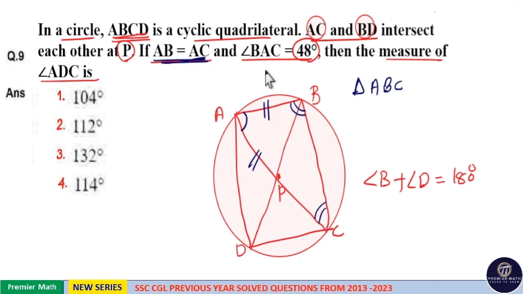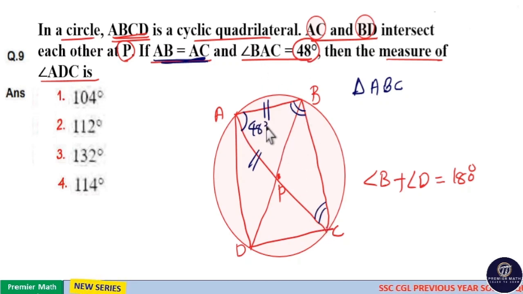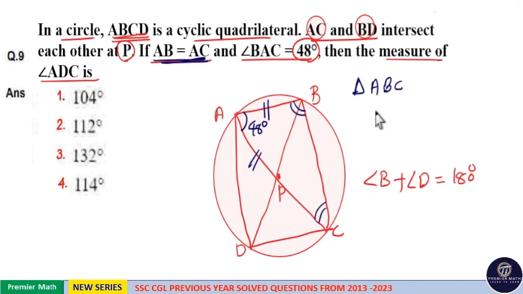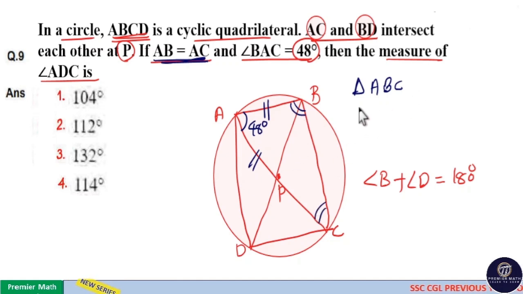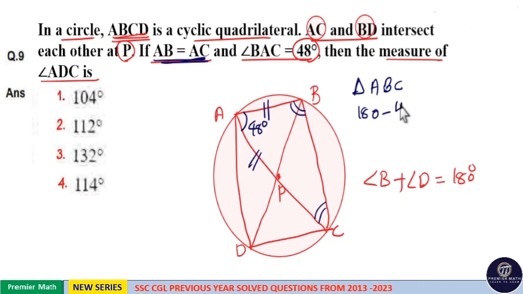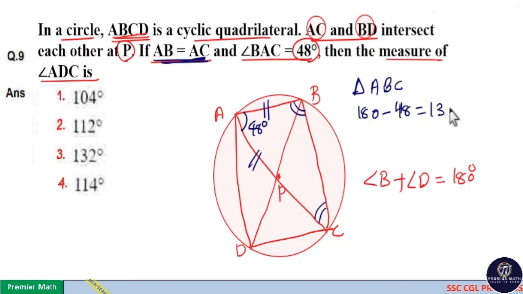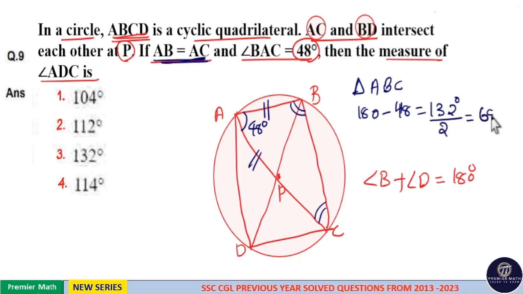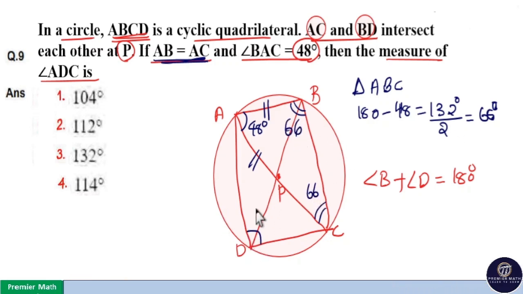And here question says angle BAC is 48 degree, which means these two angles are 180 minus 48 is equal to 132 degree. These two angles sum is equal to 132 degree. So if you divide it with 2, that will become 66 degree. So this is 66 and this is 66, which means this angle is equal to 180 minus 66, 114 degree. So option 4 is your answer.